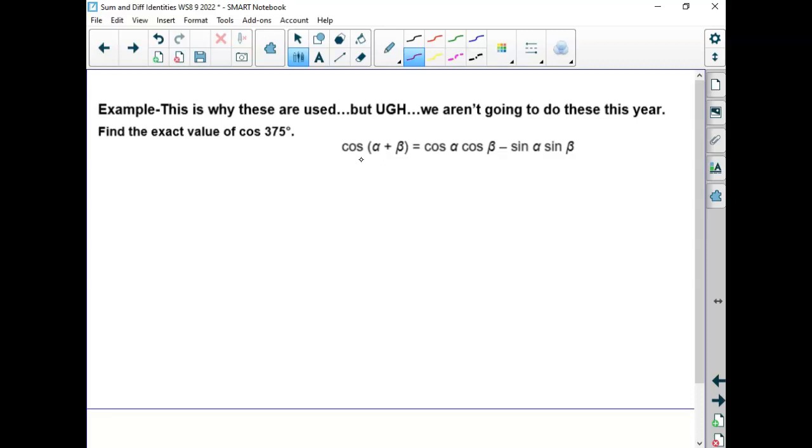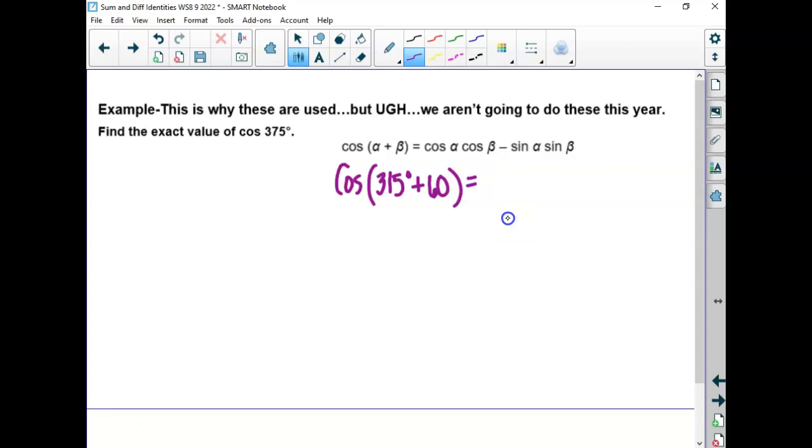What else? 375. 75's not on my unit circle, but let's... 315 and 60, are those both on there? Is that what it says on your paper? I didn't look, because we can do this multiple ways. 330 and 45, okay. Well, let's try this way then. See if we get the same answer.